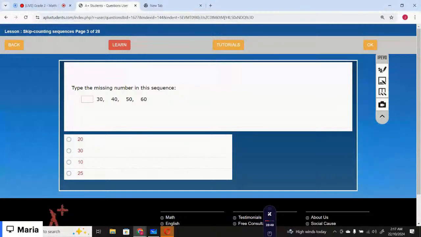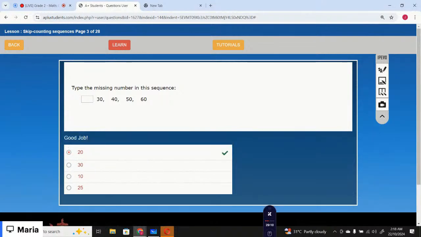So for the first one, you have to subtract 10 from the first number, right? So 30 minus 10 is 20. That means the missing number is 20. Option number 1 is the correct option. The pattern would be like this: 20, 30, 40, 50, and 60.